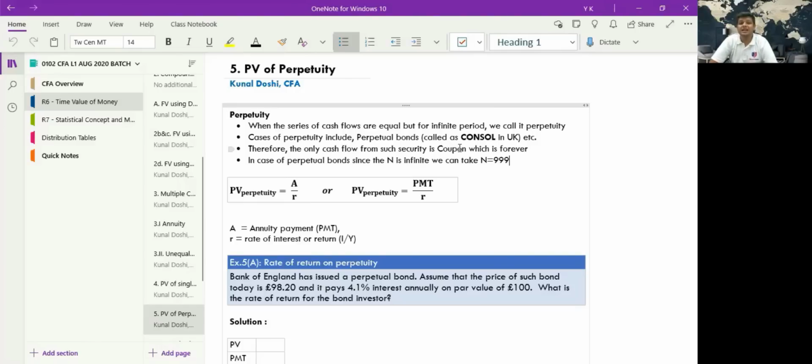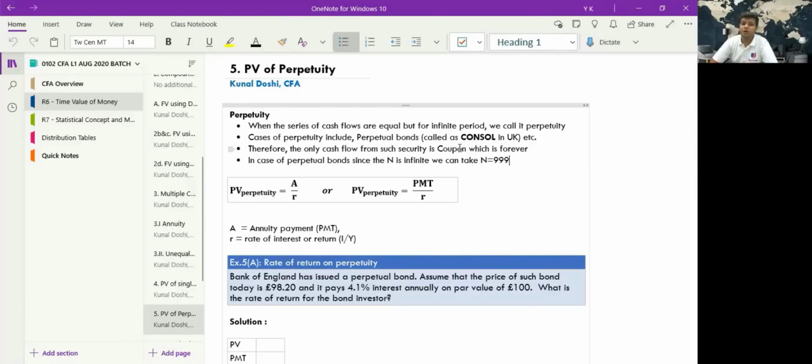You have invested in a pension fund which pays you pension forever. So there are many instruments in real life which pays you a consistent amount forever. Those are called perpetual instruments. In perpetual instruments, guys, you have to bring everything probably to the present value, but the number of cash flows here are infinite.